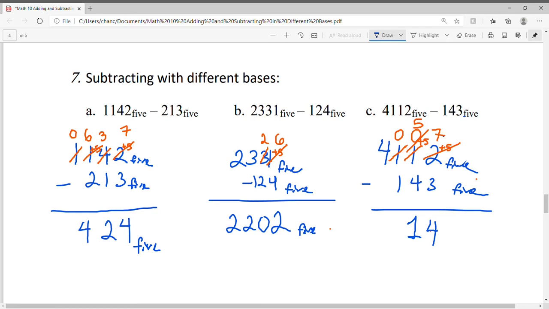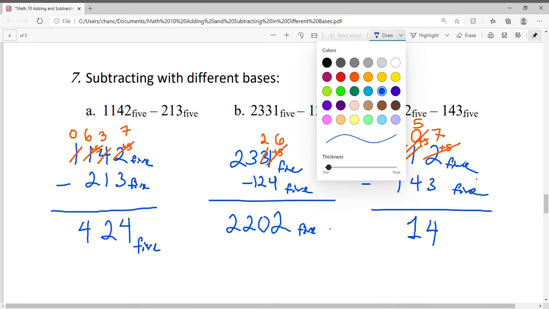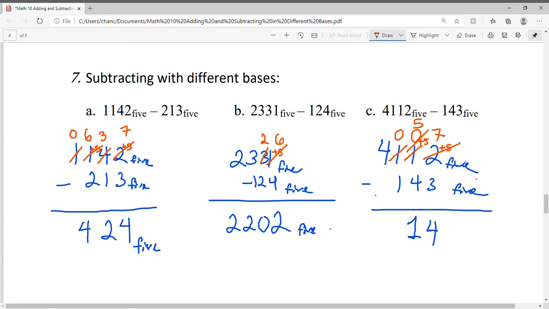I cannot take away 1 from a 0. So let's borrow from the 4. That makes it a 3, and the 0 becomes a 5. And so 5 minus 1 gives me 4, and we bring down the 3. So this is it. Our solution is 3414 base 5.